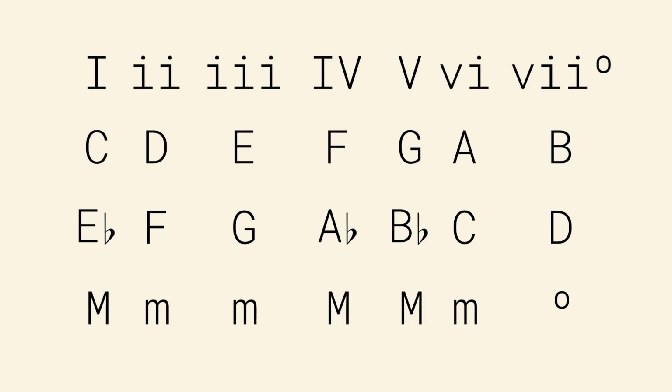But in the key of E flat, guess who had to pull up their cheat sheet? The chords in E flat would be E flat major, F minor, G minor, A flat major, B flat major, C minor, and then D diminished.